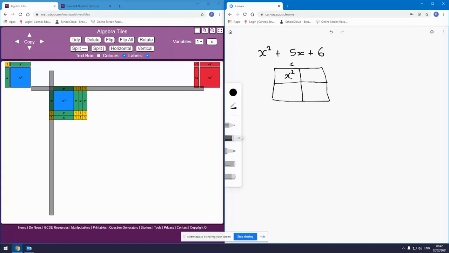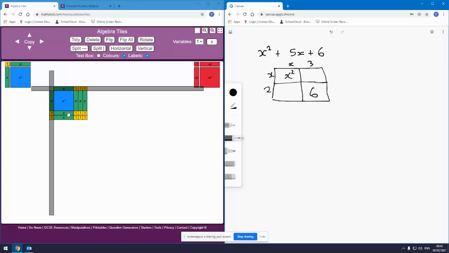And I already know that this x squared has a length of x. So my 6 has gone into here. That's where I built my 6 rectangle. And then it's whether this was a 2x3 rectangle or a 1x6 rectangle, and in this case, it was a 2x3 rectangle. So my 3 has gone there and my 2 has gone there.